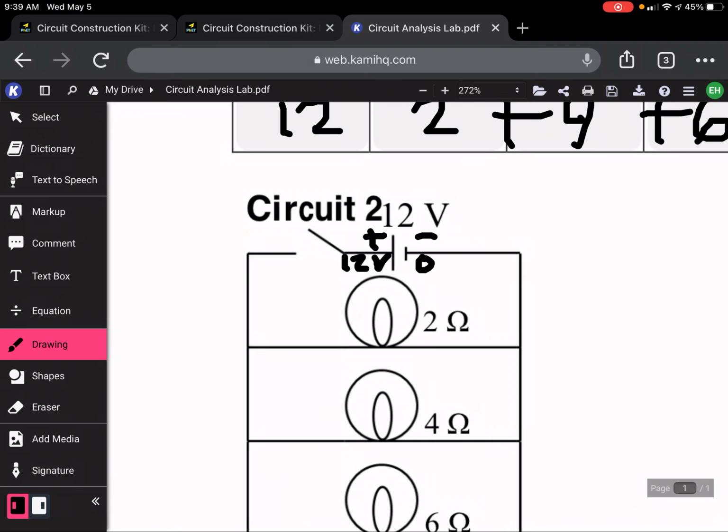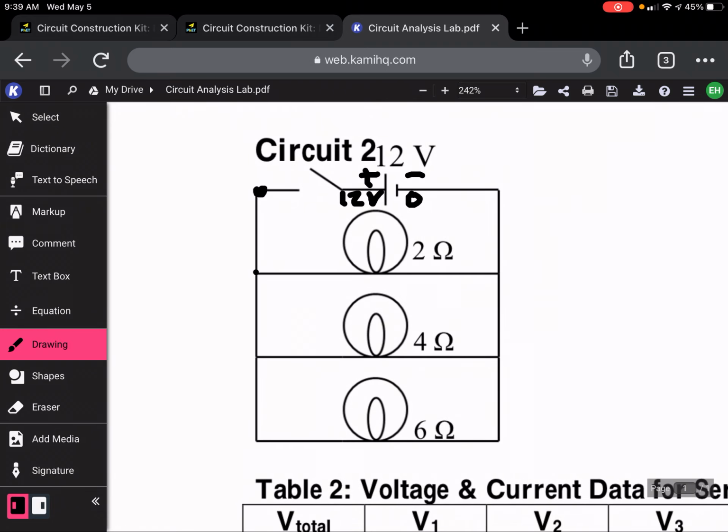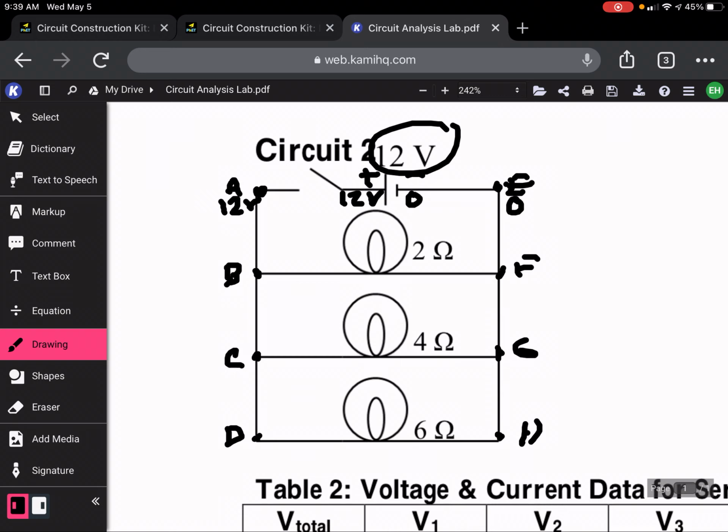I'm going to letter off the corners of the circuit here, as A, B, C, D, and then E, F, G, and H. Point A is connected to the region of positive potential, so 12 volts of potential at point A, 0 volts of potential at point E. What is 12 minus 0? It's 12, just like the battery voltage suggests.